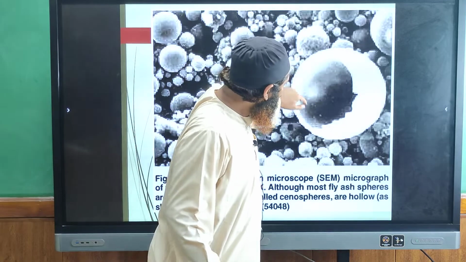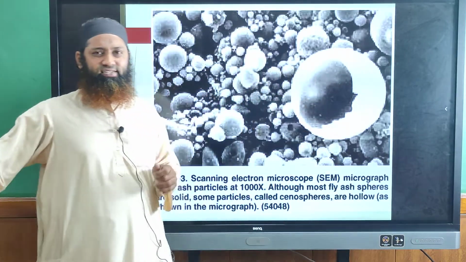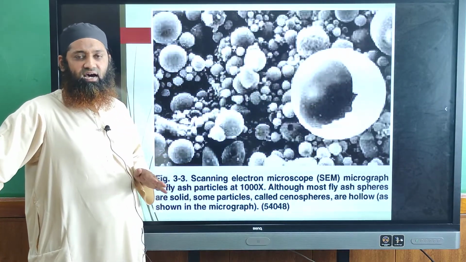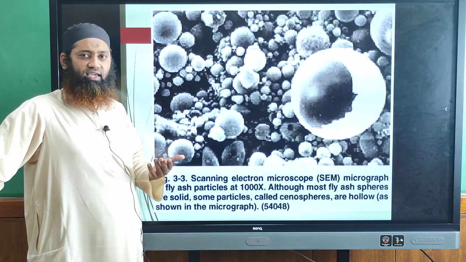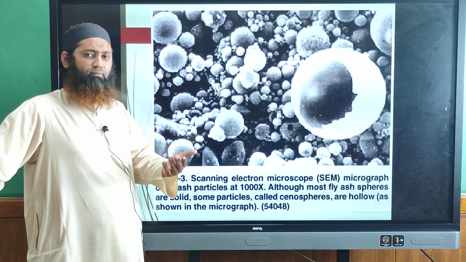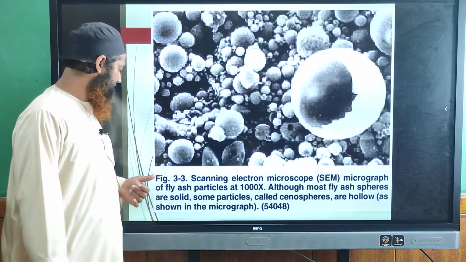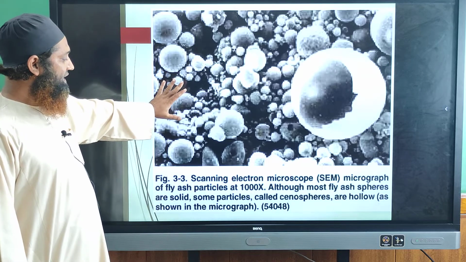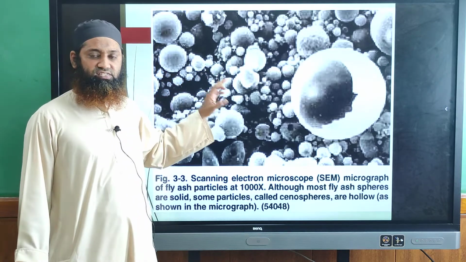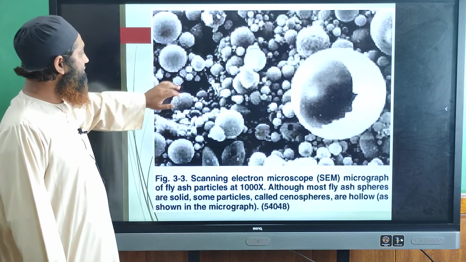They have air voids in them. Once these particles are powdered, then we get the size of the fly ash as we wish. Most of them are less than 20 microns here. Scanning electron microscope was used to see what the size of the fly ash was.